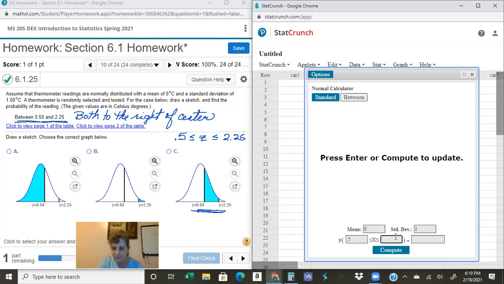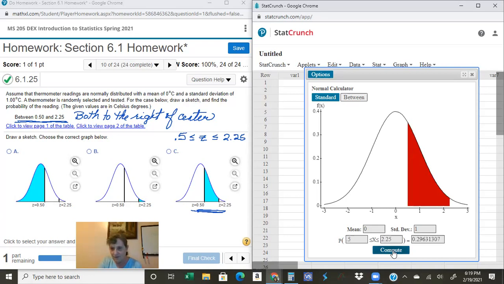I'm going to enter the second one as 2.25. And when I hit compute, notice that this graph matches the one in my MATLAB. And the given area, the probability and the area are exactly the same thing. So to 4 decimal places is 0.2963, since the one just drops off.